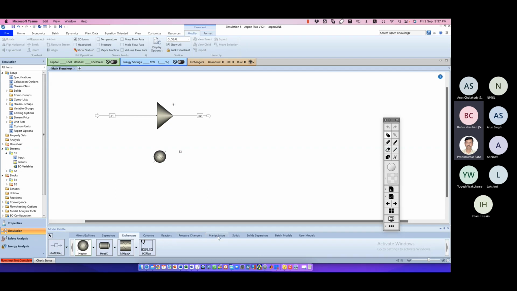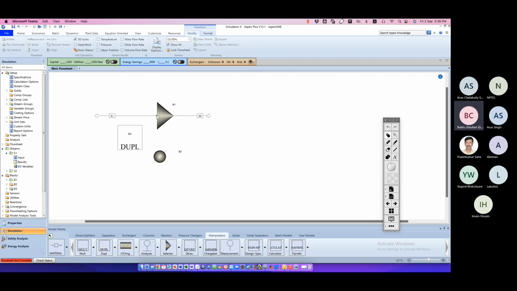So you just go to manipulator, put a duplicator over here, take it out, put it over here, like that. Okay, now it is duplicated.